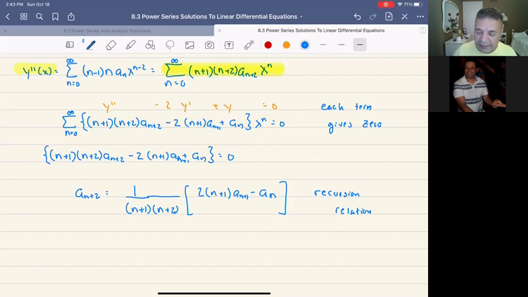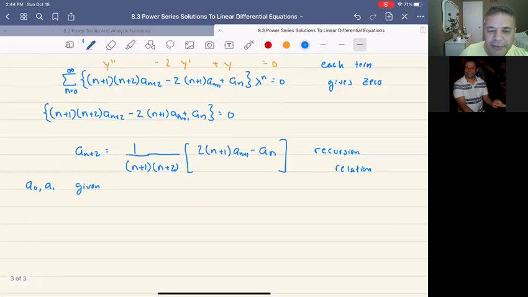We know a sub 0 and a sub 1 are given by the initial conditions. The next one is a sub 2. Now I like to write out what my n is, just so that it helps me remember what I'm doing or keep track.